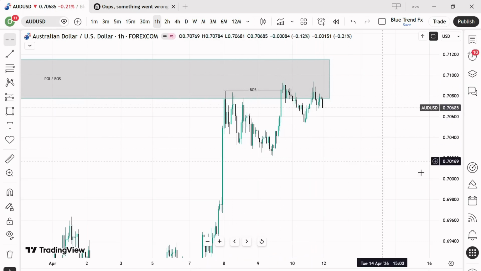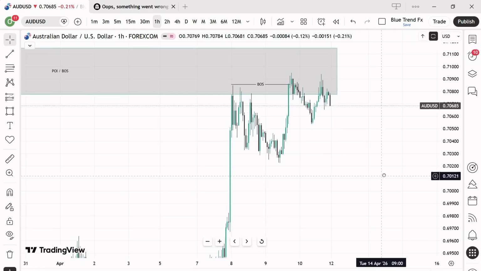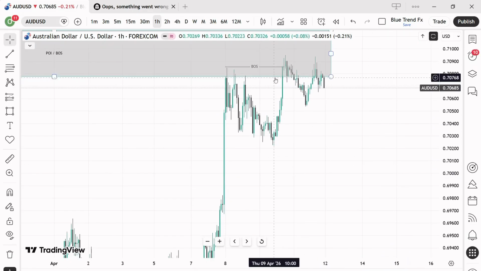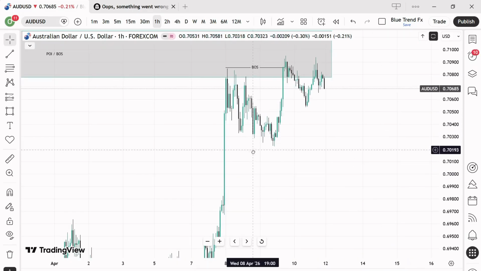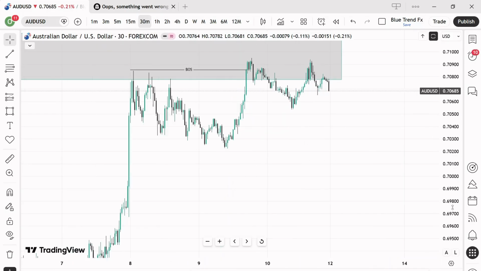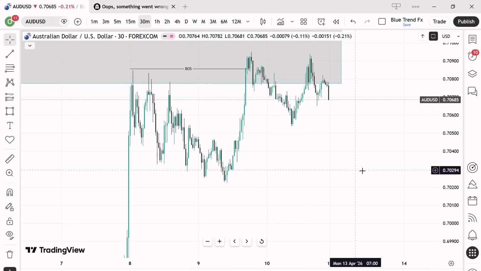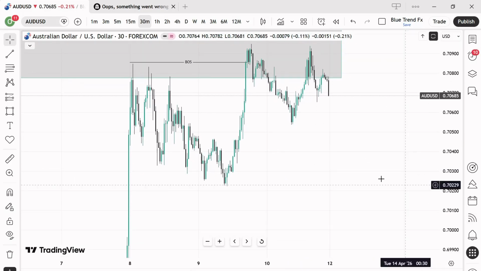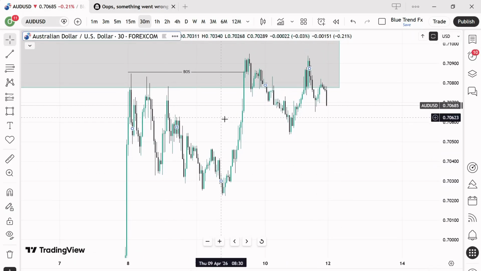Okay, so that's where we have the last break of structure. And looking at 30 minutes, which is more of our entry time frame, let's see what we have.